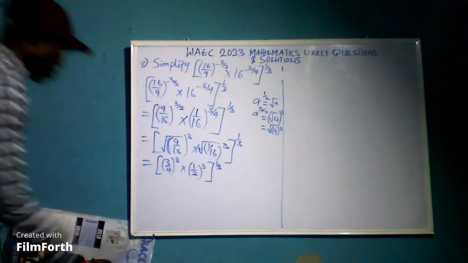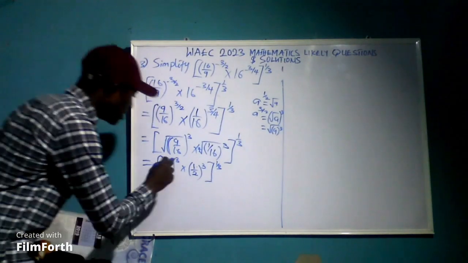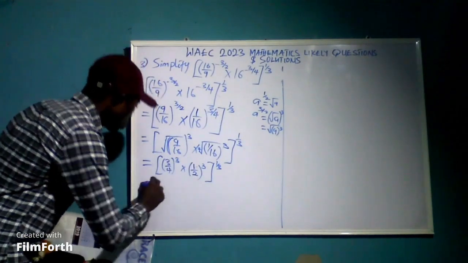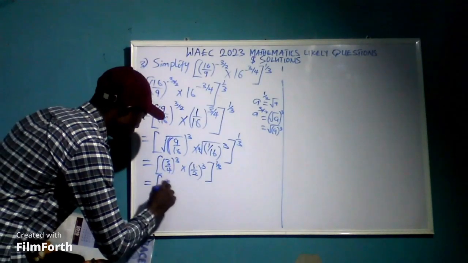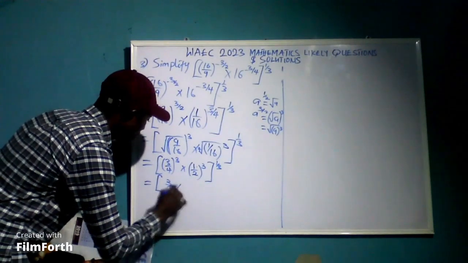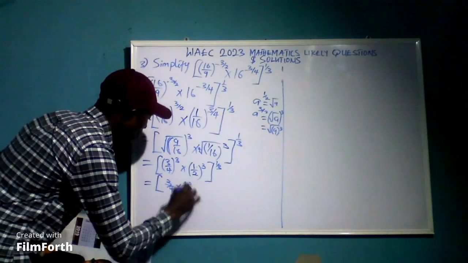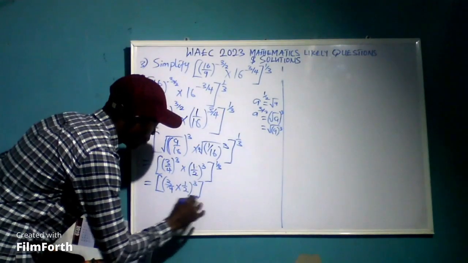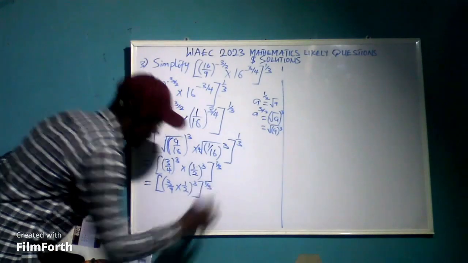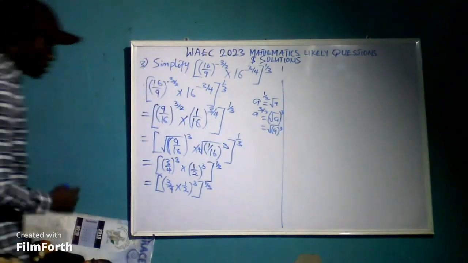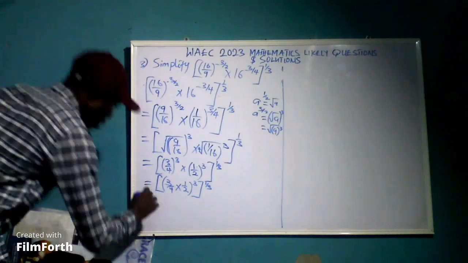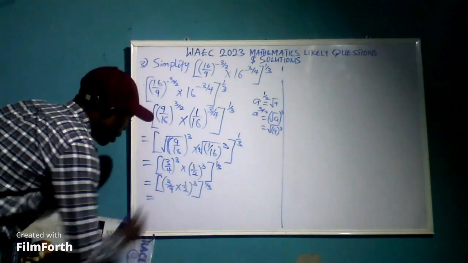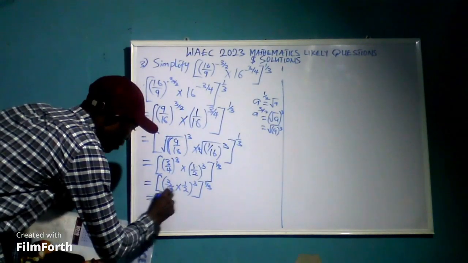From here, since 3 is common to this and this, you can bring out the power by saying 3 all over 4 times 1 over 2, everything raised to power 3, everything in brackets raised to power 1 over 3. And from this step, you can move further and say 3 times 1 will give you 3, and 4 times 2 will give you 8.